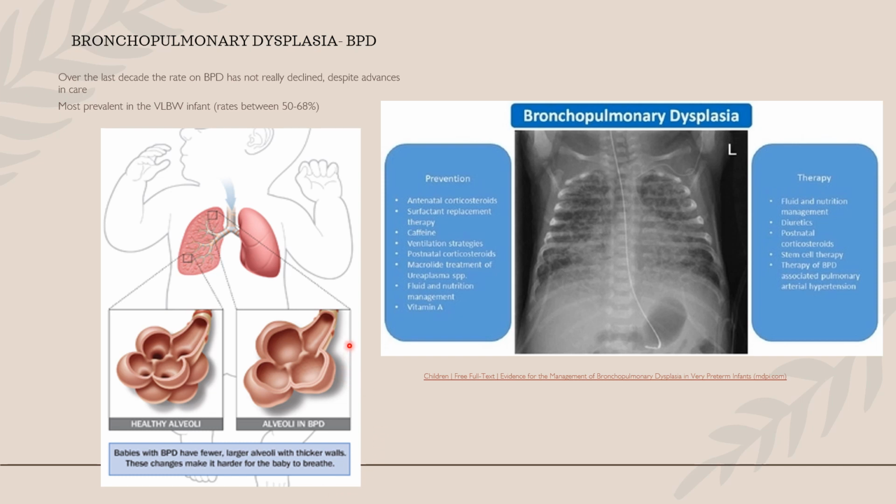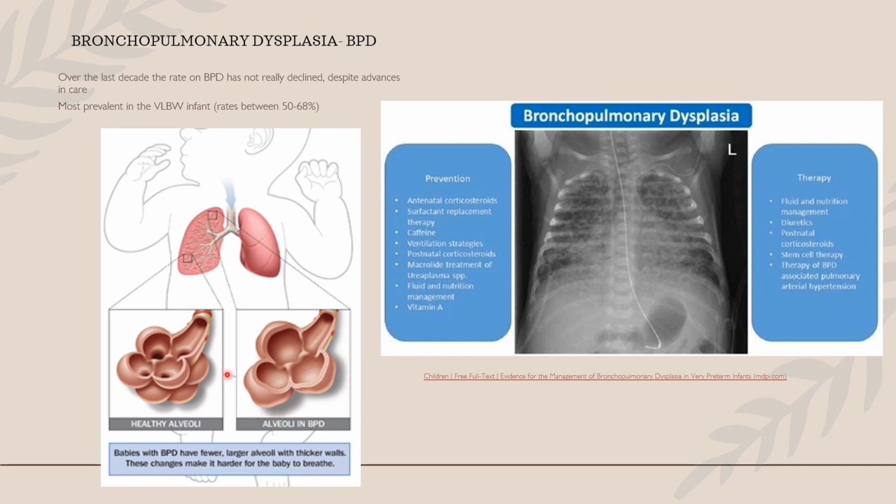And they also refer to it as decreased septation or partitioning, which makes it harder to ventilate. And there is also a decrease in pulmonary microvascular development and increased pulmonary resistance.